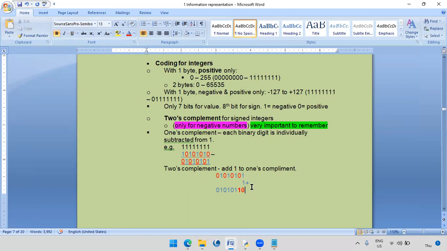You just add 1. 1 plus 1 is 1, 0, so 1 is carried. The others, same, you just put them. This is the 2's complement of this number. All right.